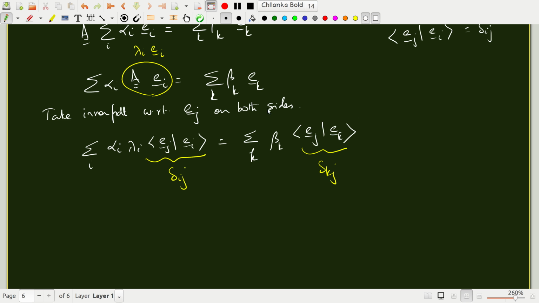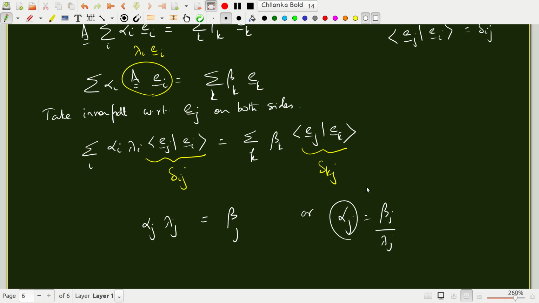The deltas will kill one of the sums on both sides to give alpha j lambda j is equal to beta j, or alpha j is beta j by lambda j.